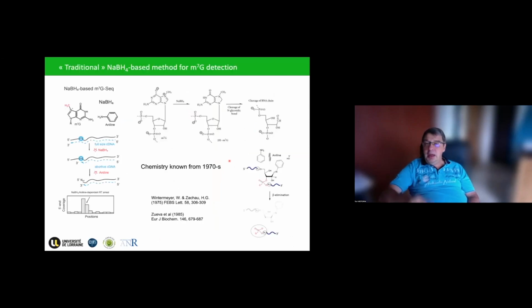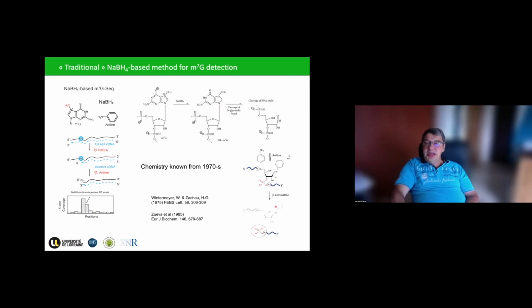The idea, as was presented already by Richard Gregory in the previous session, comes from very old publications from the 70s and 80s, showing that m7G is sensitive to reduction by sodium borohydride. And we started development of this method using this concept. After reduction, we have abortive cDNA synthesis, and this can be detected by sequencing.